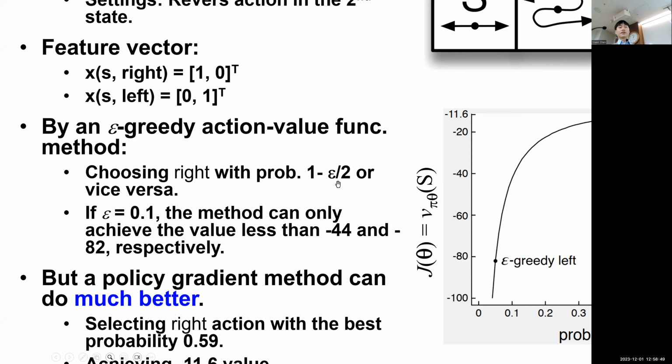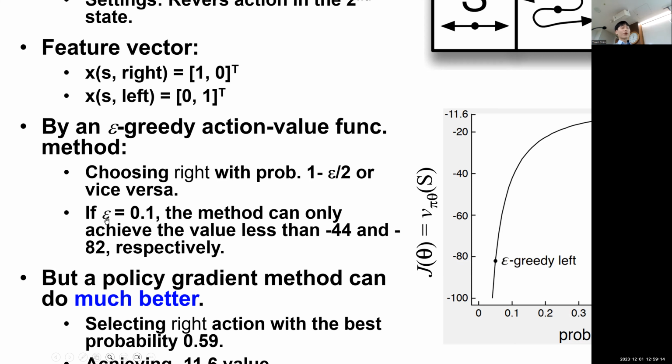It is defined in this way. For example, we can choose the right action with probability 1 minus epsilon divided by 2, because we have only 2 actions. So if you choose the right action, then the left action will have probability epsilon divided by 2.